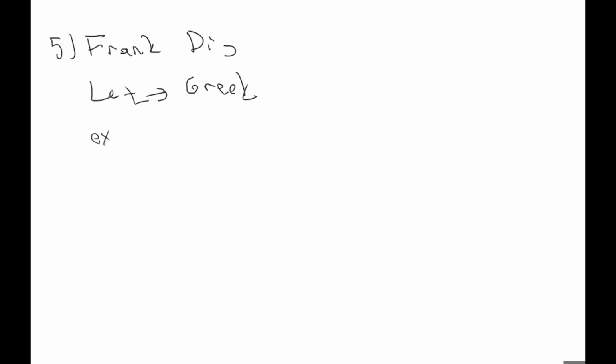We have Frank dislocation, right? This is interesting. This is from letter to Greek, but it should be inside the same plane. For example, A to alpha, or B to beta, or C to gamma, or D to kappa.